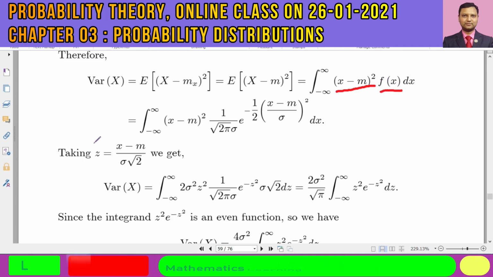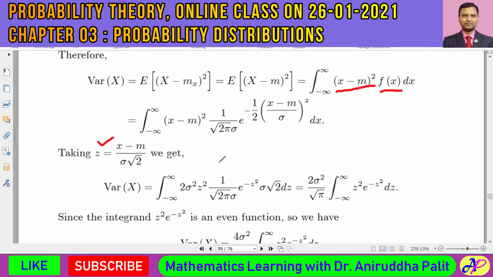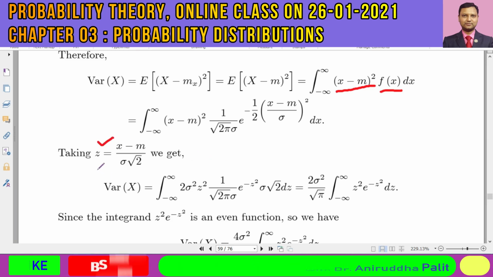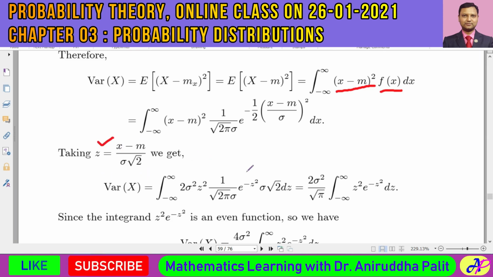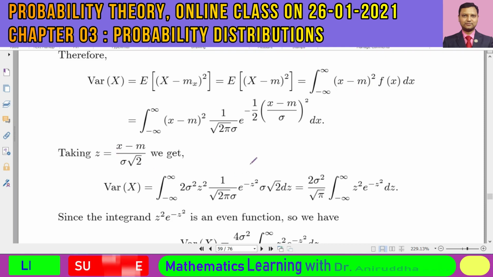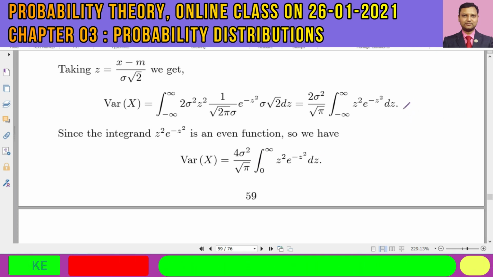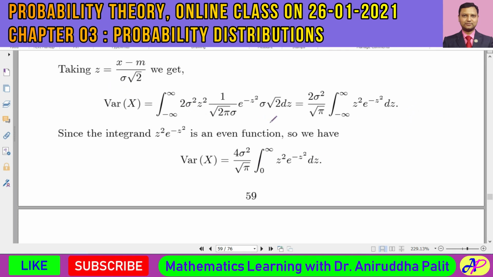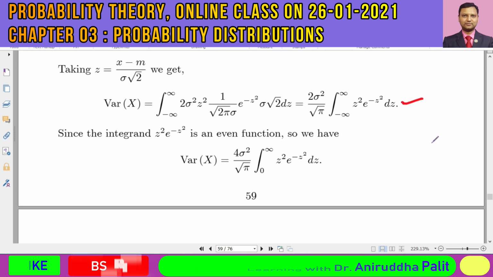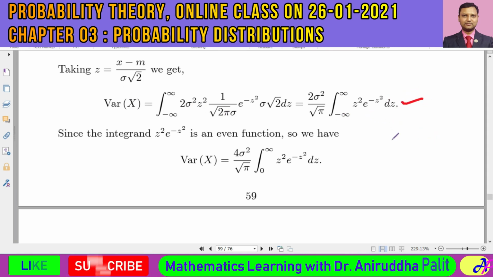And it is a very easy result just by considering this type of transformation, z is equal to x minus m divided by root 2 sigma. By this kind of transformation, we will be able to convert this variance of x into this kind of expression, z square into e to the power of minus z square dz.